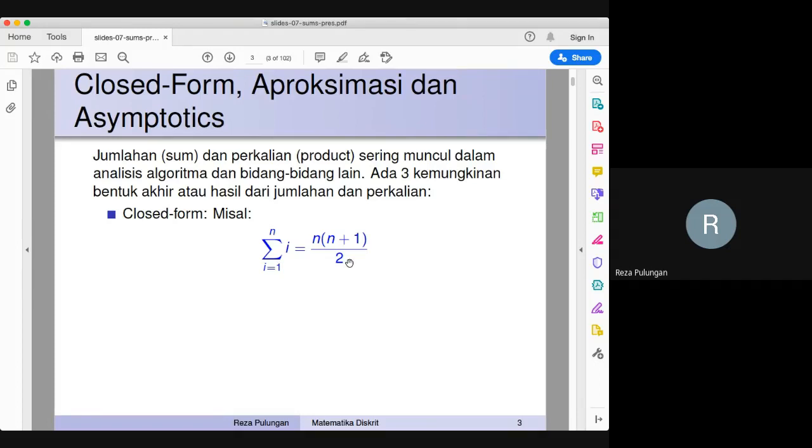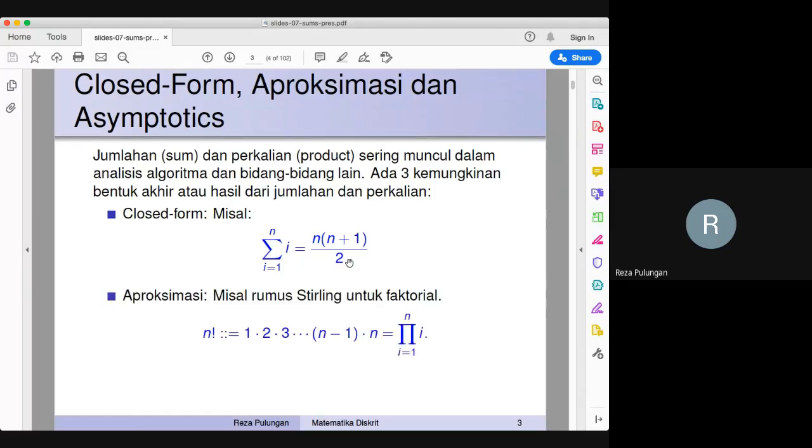Now, there are also summations or products that have no closed form solution, and for these, sometimes the only thing we can do is approximation. We will see an example later in this lecture: the Stirling formula for factorial. You know the factorial function: the factorial of n is 1 multiplied by 2 multiplied by 3, and so on until n minus 1 multiplied by n.